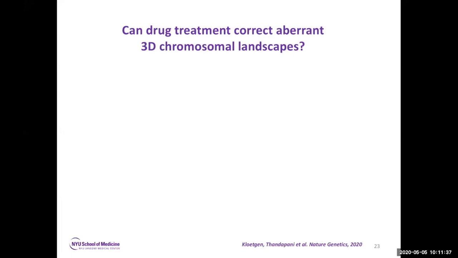The next question was, that's fine. We have interactions between MYC enhancer and MYC promoter, and we have interactions that differ between T-ALL, that is Notch driven, and normal T cells. Can we, quote unquote, correct aberrant 3D landscapes by drugs?